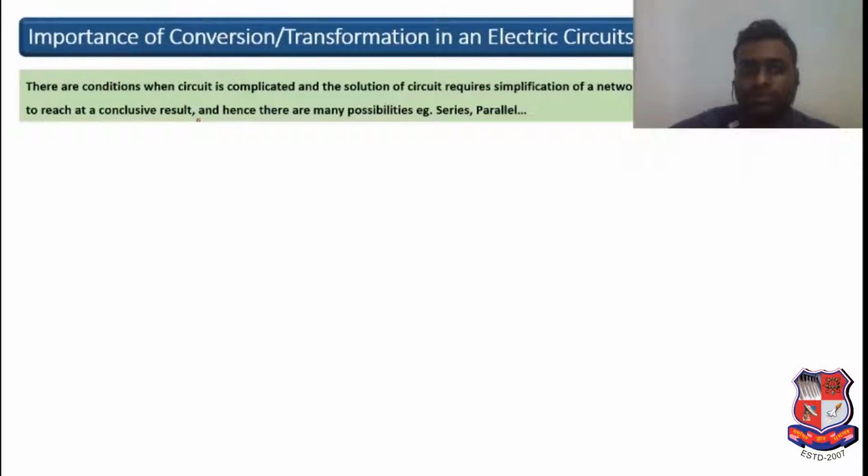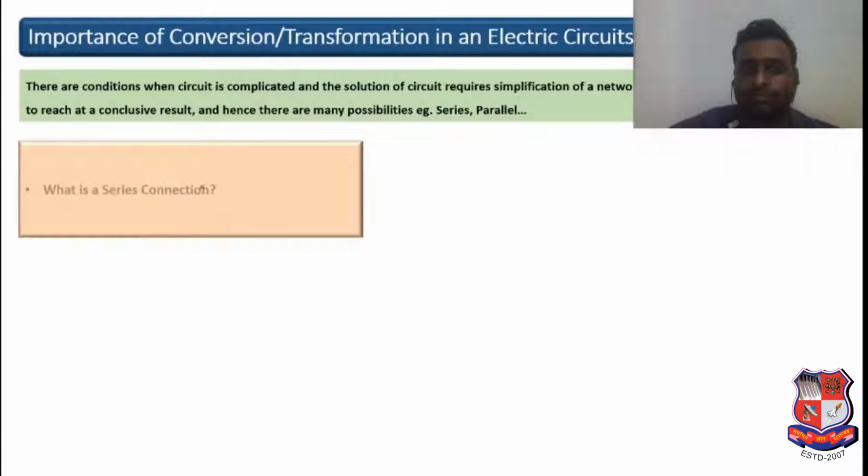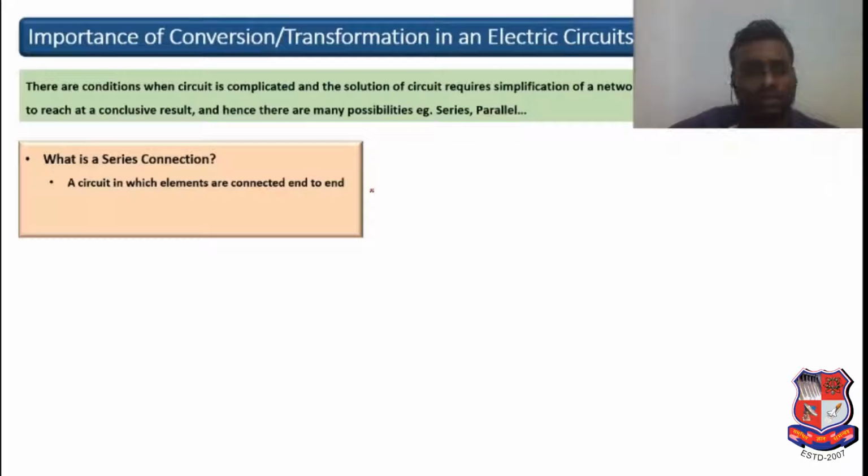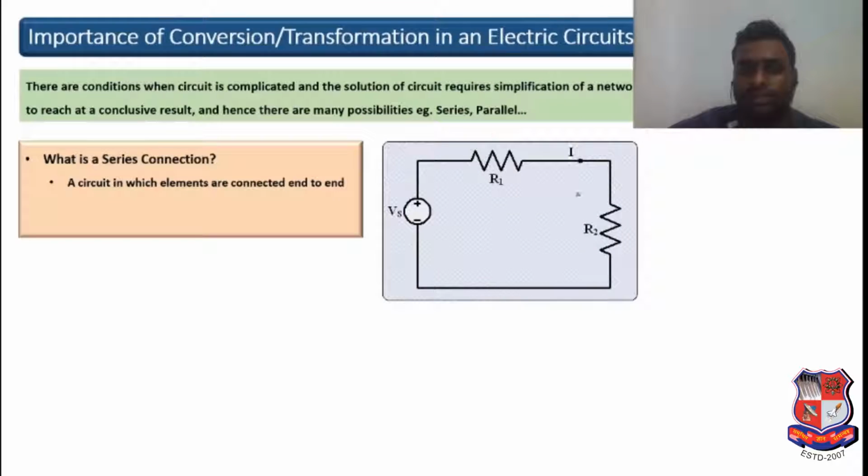Over here, let us take a series circuit. What is a series connection? It is a circuit having elements which are connected end to end. In this circuit, the voltage source and resistances R1 and R2 are all connected in series because they are connected end to end.